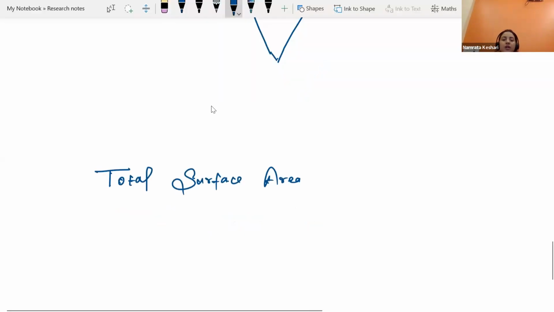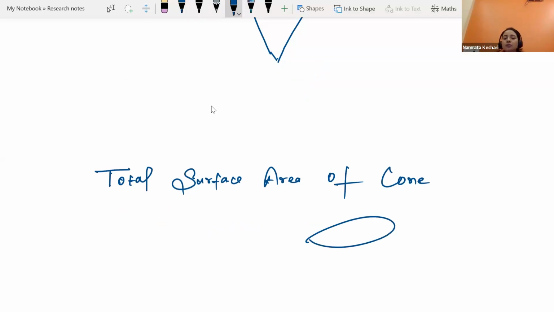So yeah, we were discussing total surface area of cone. When we are having a cone, while considering total surface area, can you see here one circular plate we can add? Can you see it?